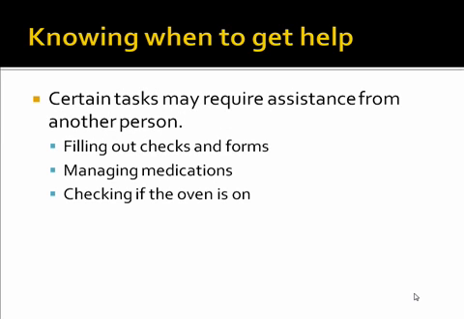Okay. One important thing that we stress in the clinic when people come in with this condition is to make sure they know when to get help. There are certain tasks that may require assistance from another person. For instance, if they can't figure out how to fill out a check correctly, they may run into major financial problems if they try to do it themselves.